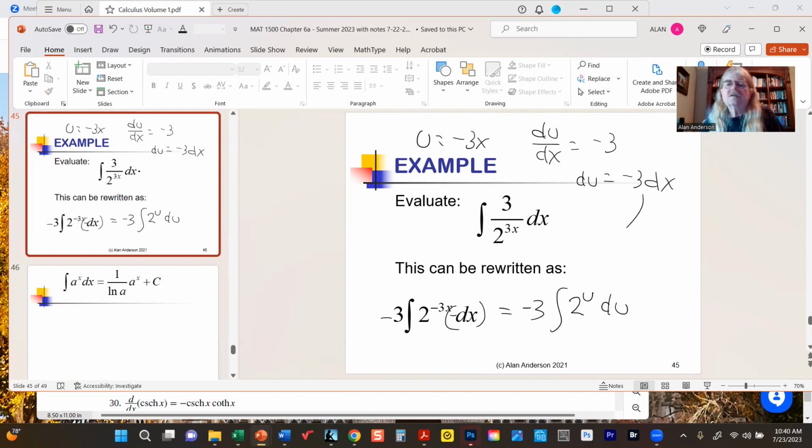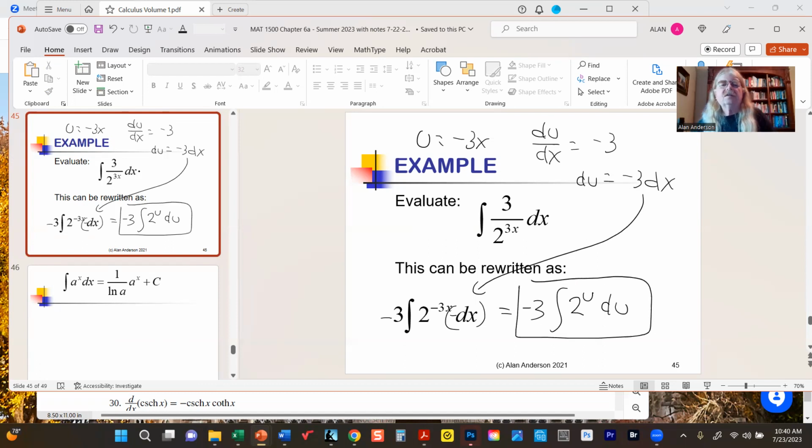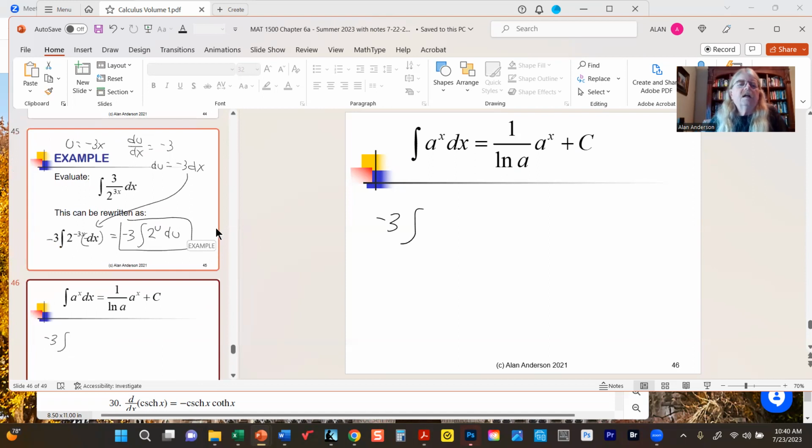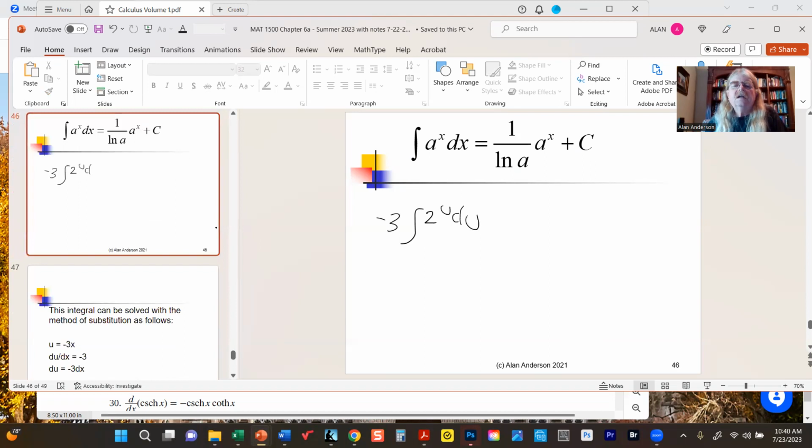In other words, we didn't actually have minus 3. We had to provide the negative ourselves. All right, now we're good. Once we have this in place, we have minus 3 integral of 2 to the u du. And according to what I'm seeing here, this should give me 1 over log 2 times 2 to the u plus c.